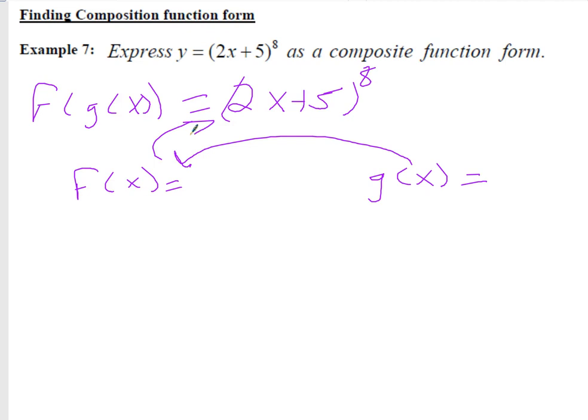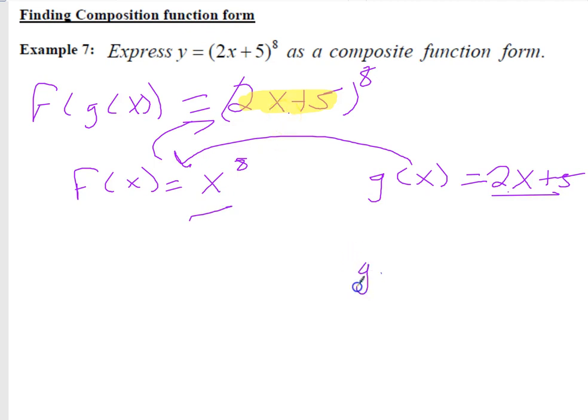How I do this is I start with the innermost piece. I know I'm plugging g into f, so I'm just going to start with this inside piece of this function, and I'm going to make g of x 2x plus 5. Then f of x has to be x to the 8th, because when I plug this into this, I'm going to get that answer.